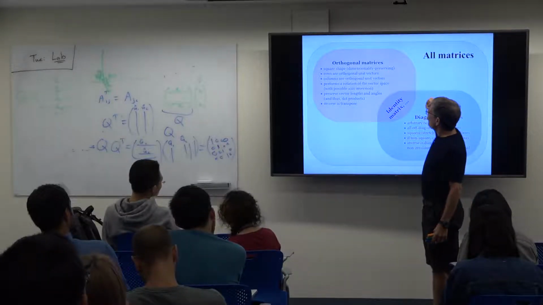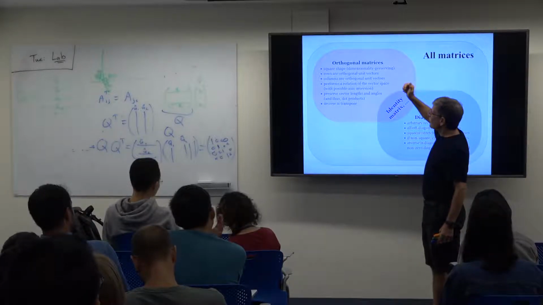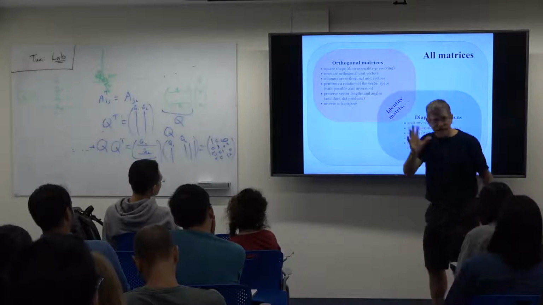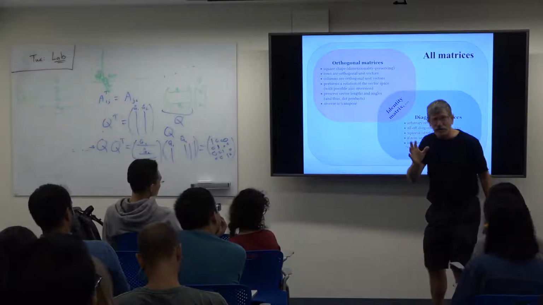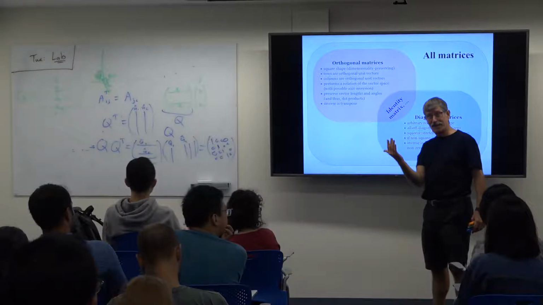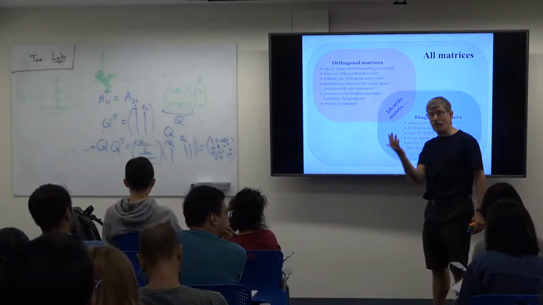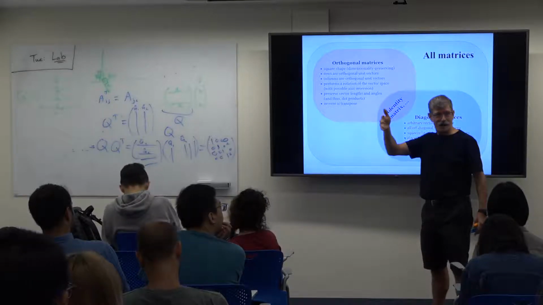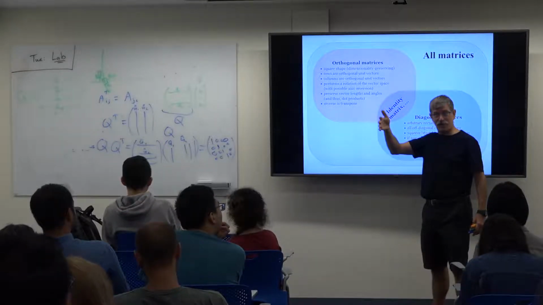The rows are orthogonal unit vectors. That's the way I defined it. But I showed you, I only did half the proof, that when you transpose it, you get somebody that also acts like a rotation. And because it acts like a rotation, the rows of that have to be unit vectors that are orthogonal to each other.